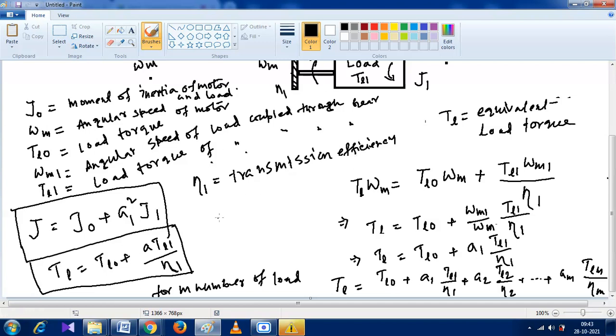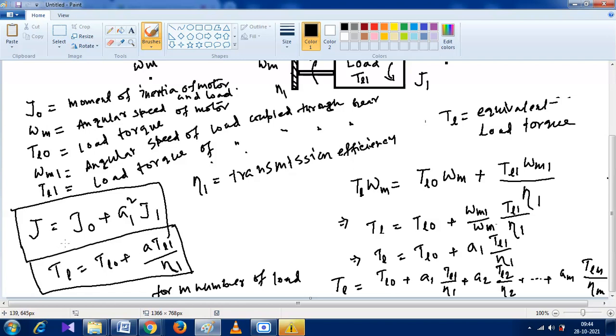We have got two equations of equivalent parameters. What are these? We have got two equivalent equations for, in this case, rotational motion or rotational load.